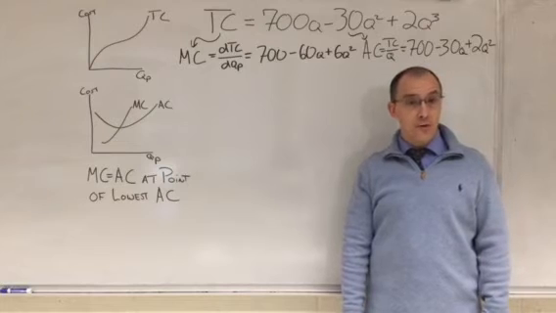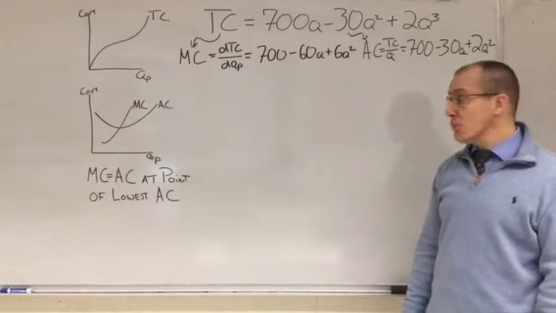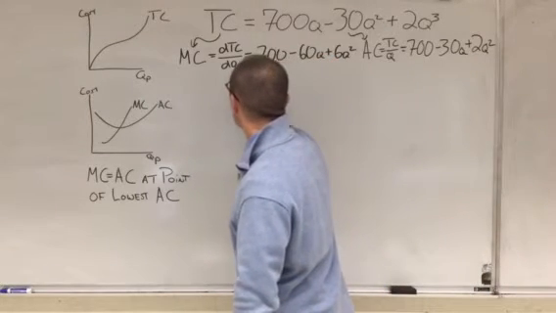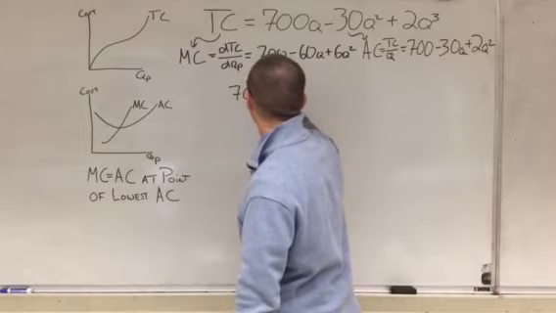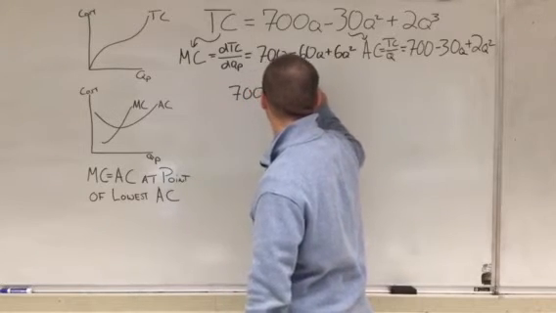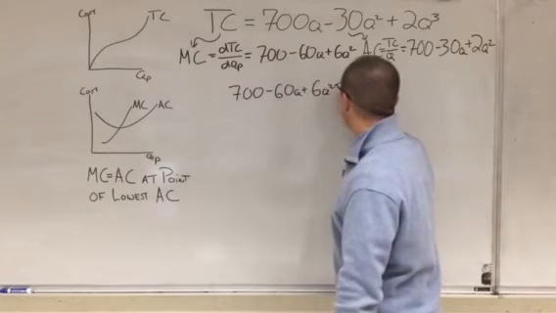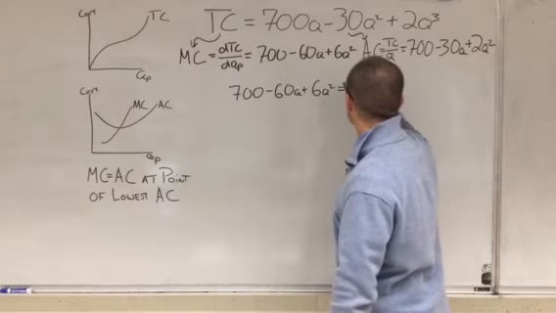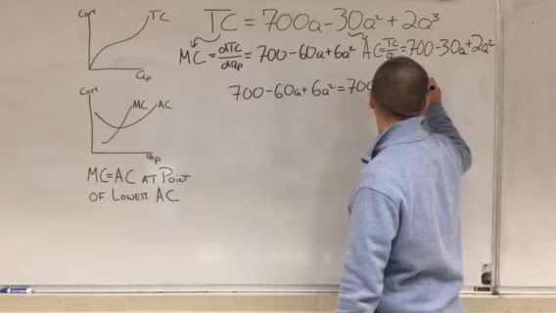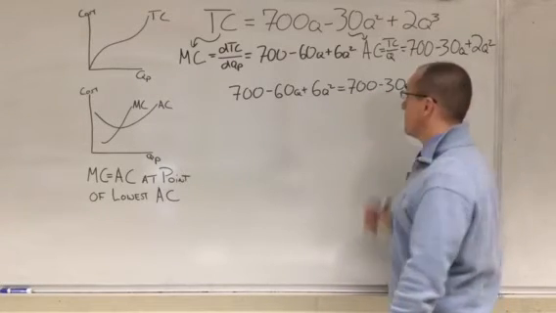The next part of solving this is quite simply just setting the two equations equal to each other. So in this case, I will have 700 minus 60q plus 6q squared equal to 700 minus 30q plus 2q squared.